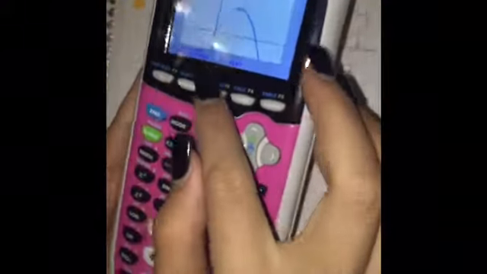So it is 3.000, and so our vertex. Remember, our y is the height. So our max height thrown equals 147 feet. So that's one of our answers.